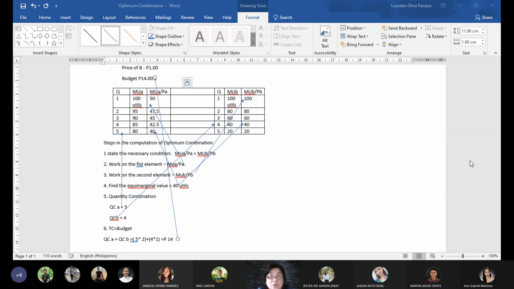You have two sets also of your quantity combination, and you will have two sets of MUs of A over price of A, and MUs of B over price of B. So, dalawa ang quantity combination ng budget, and you will have two sets also of your MU.